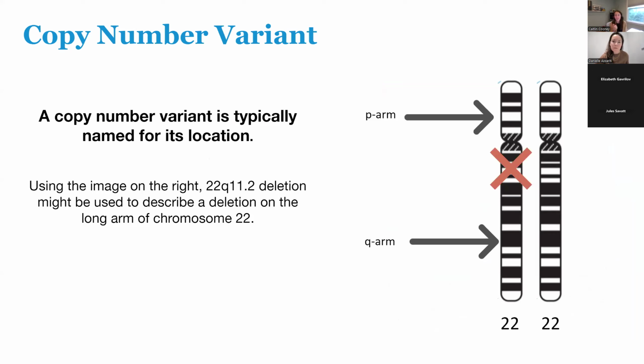So 22 tells us the chromosome number. The Q in this situation tells us that the material is on the long arm of that chromosome, and the 11.2 tells us the band on the chromosome that we're looking at, and then deletion tells us it's a deletion. If it was a duplication, they would have said the word duplication.